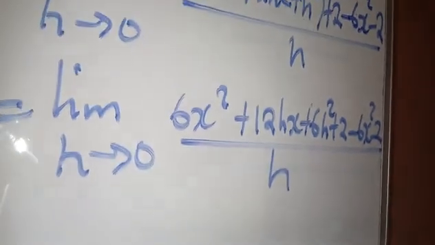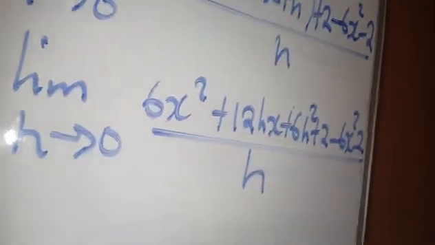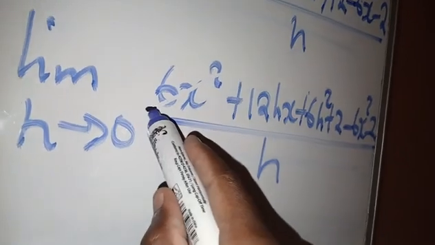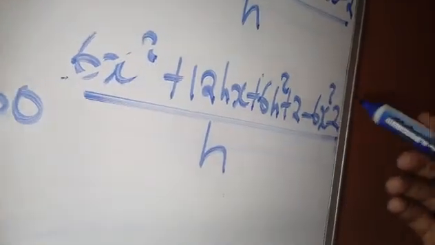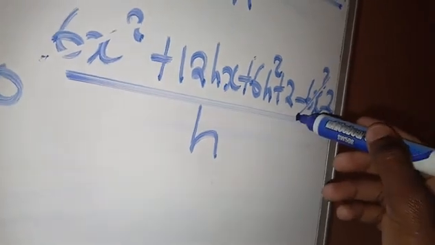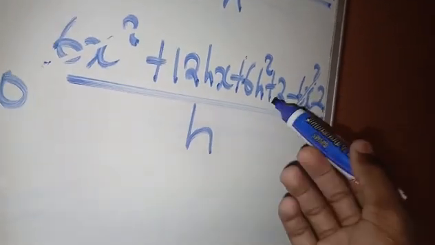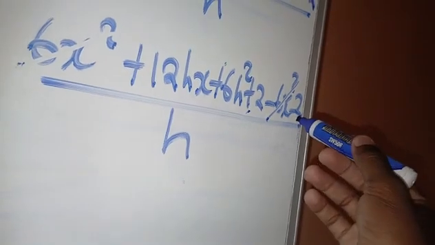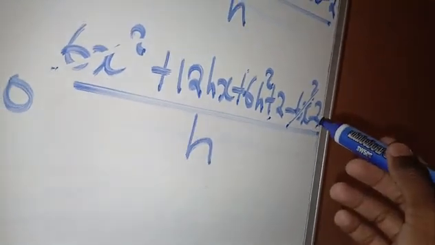From here you can now collect the like terms. So you have 6x squared minus 6x squared, and you also have positive 2 minus 2. All these will give you zeros.